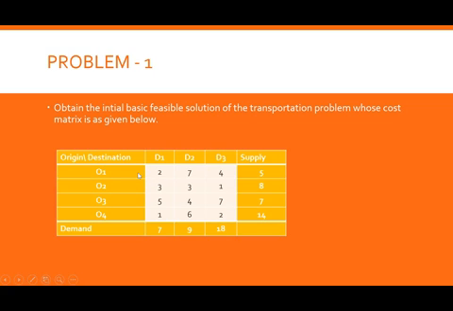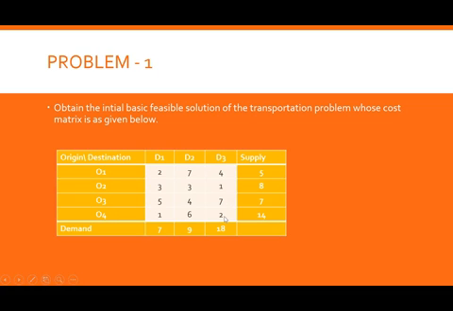The cost of transporting one unit from O1 to D1 is 2 rupees, O1 to D2 7 rupees, O1 to D3 4 rupees, O2 to D1 3 rupees, O2 to D2 3 rupees, O2 to D3 1 rupee, O3 to D1 5 rupees, O3 to D2 4 rupees, O3 to D3 7 rupees, O4 to D1 1 rupee, O4 to D2 6 rupees, O4 to D3 2 rupees.